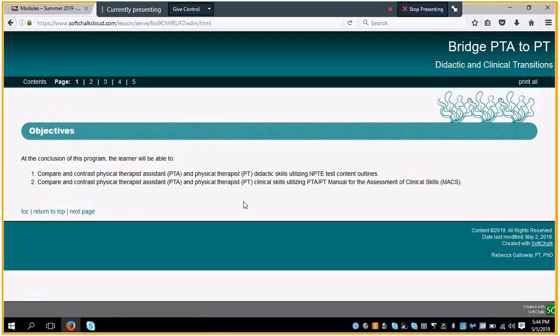And then we'll take a look at comparing clinical skill levels and expectations utilizing the manual for the assessment of clinical skills, so the PT MAX or the PTA MAX. The other common clinical tool that those of you in other states may be familiar with is called the CPI. But the thought and the concepts in the transition are similar.